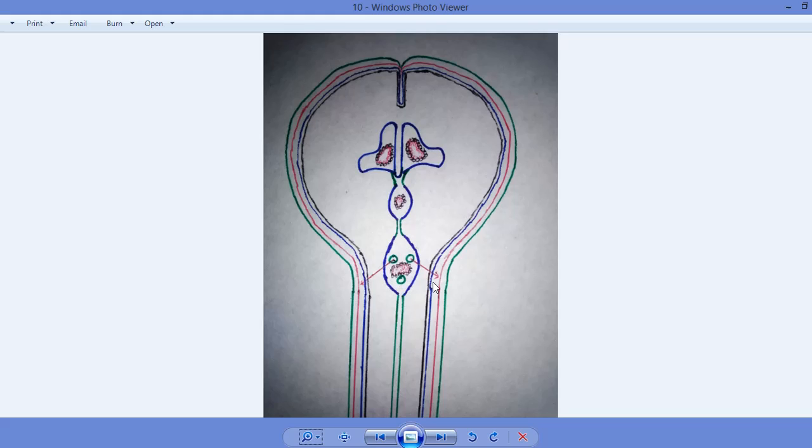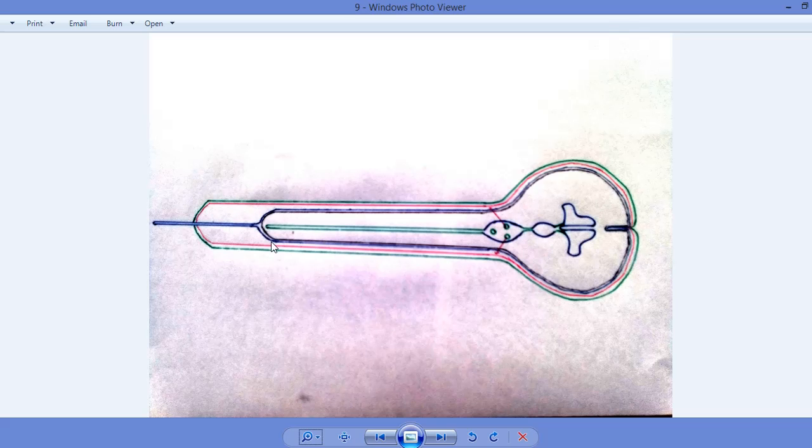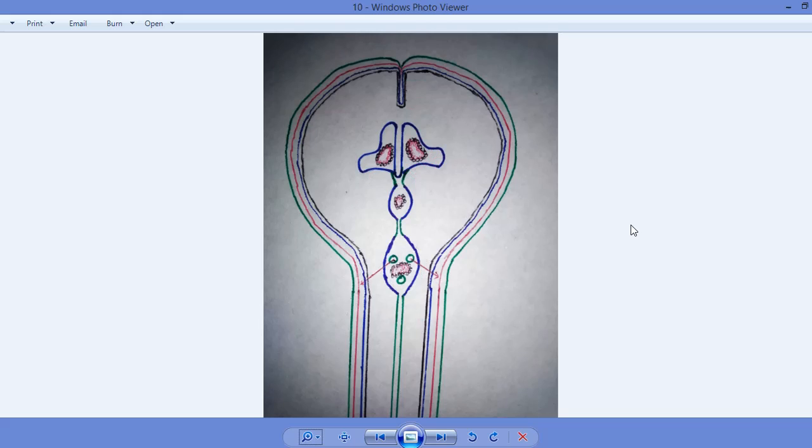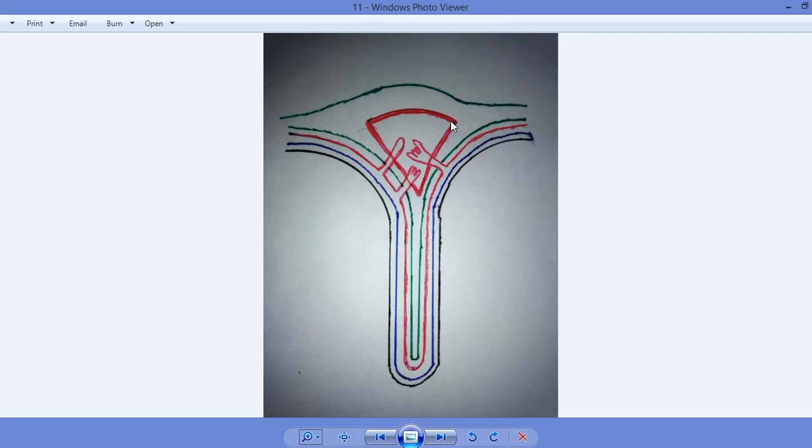From the fourth ventricle it goes to the subarachnoid space, and from there to the dural sac and also to the central canal. It also goes to this very important area, the falx cerebri, and while going there the cerebrospinal fluid is absorbed into the venous return, the superior sagittal sinus.